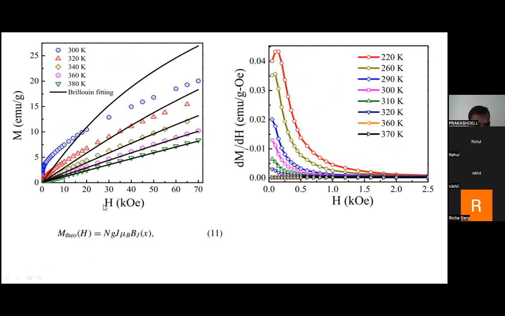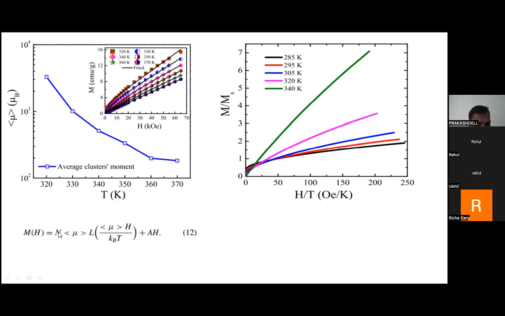Whatever moment we are getting, we are actually averaging and multiplying it. So we take the average of all those. One might be small, one might be big. It is the average of all which will satisfy this plot. We can calculate the number of clusters, we can calculate the total magnetic moment, but we do not know the individual magnetic moment of individual clusters, because the size of the cluster may vary. That's what it is. It is the size average. Okay, fine. That's why this is the average cluster moment.